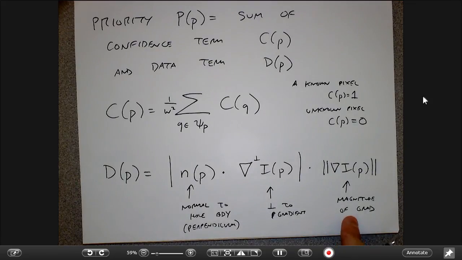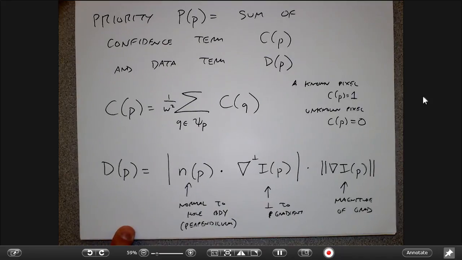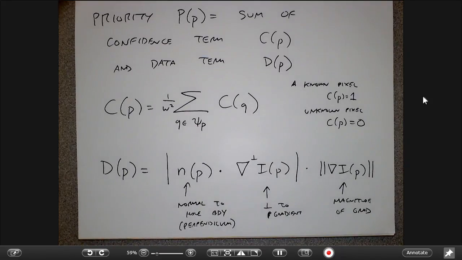And I need this term because you could take the gradient of anything. You could take the gradient of noise, and even a flat region will have some direction to its gradient. I don't want to use some gradient of a flat region that coincidentally lines up with the normal to the hole. I need to make sure that the gradient is actually strong there. That's why I need this extra term. Okay.